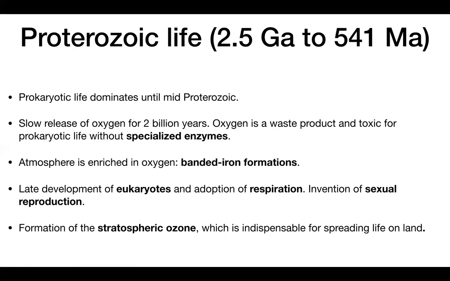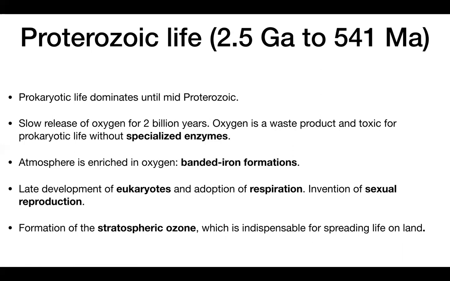Life evolved tremendously during the Proterozoic. After the Great Oxidation Event, organisms seem to have wasted little time in turning the lethal waste product, oxygen, to an advantage. While some prokaryotes developed oxygen tolerance through the adoption of specialized enzymes, a major change happened through the appearance of eukaryotic cells.